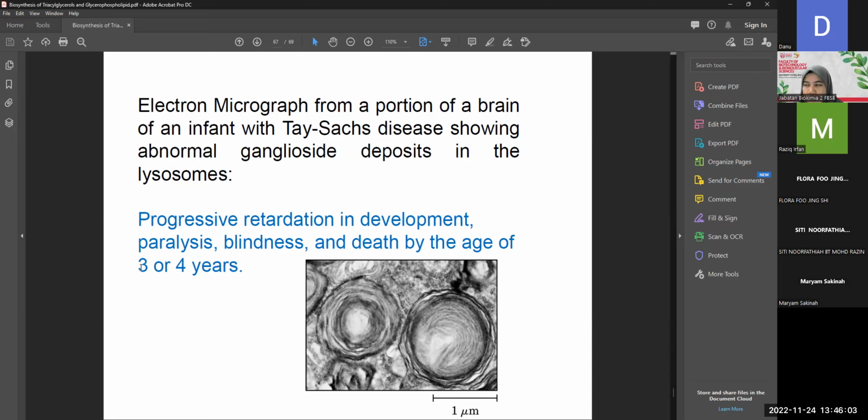If you look at the symptoms, we can't imagine that person living a long life. How can they survive with paralysis and blindness?